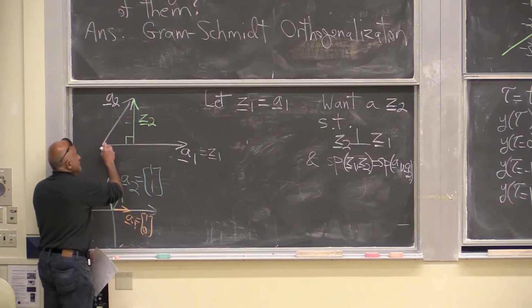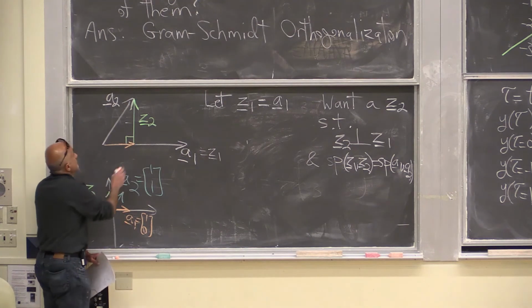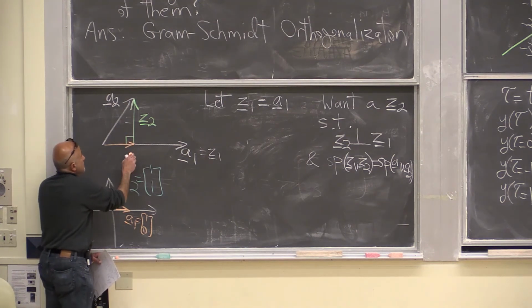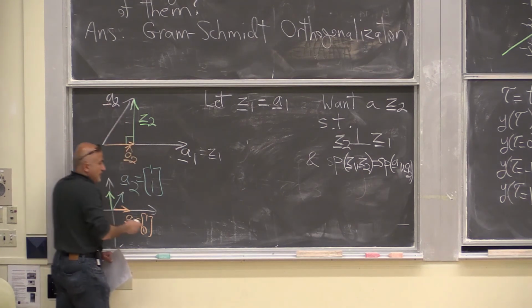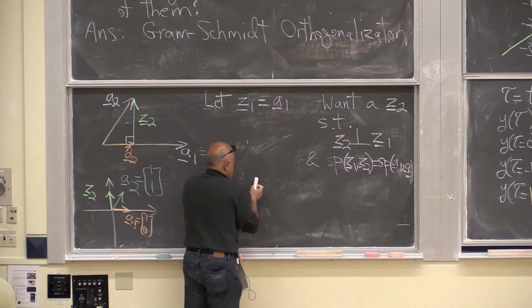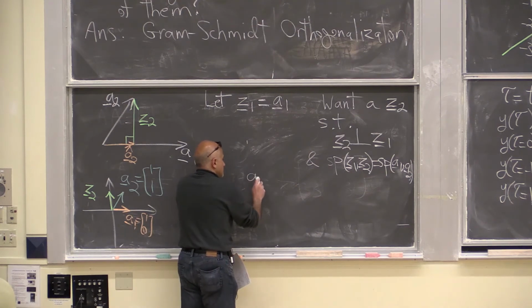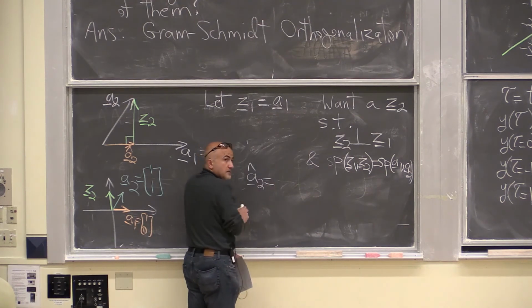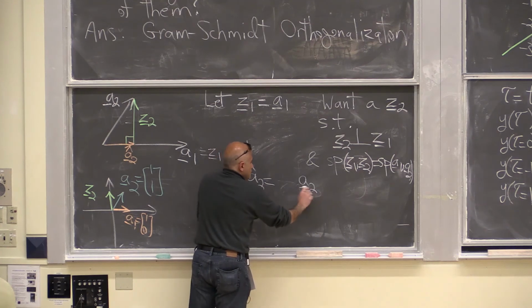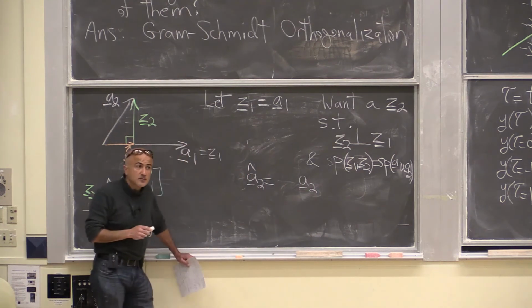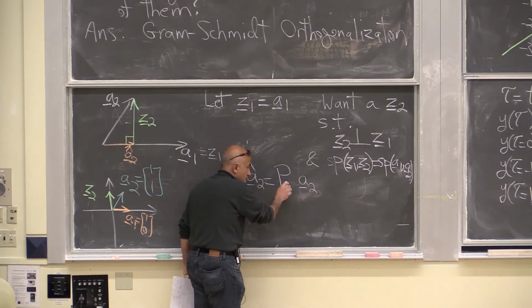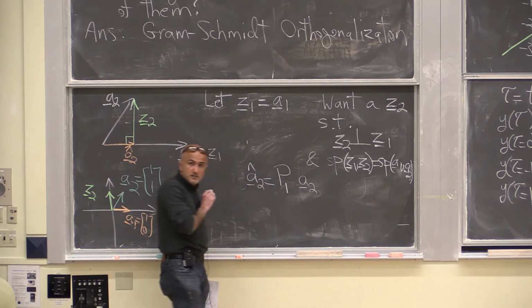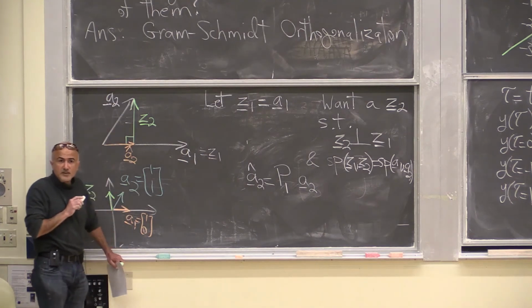This vector, whatever you want to call it, a2 hat, was obtained from a2 by doing what to a2? What did I do to a2 to get a2 hat? Project it by multiplying it by some projection matrix, P1.